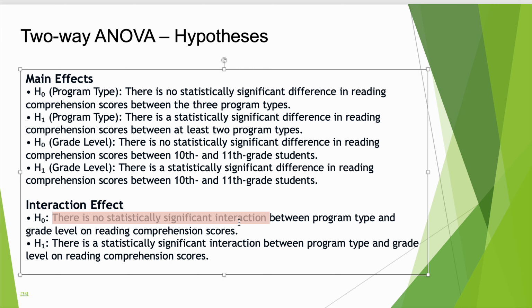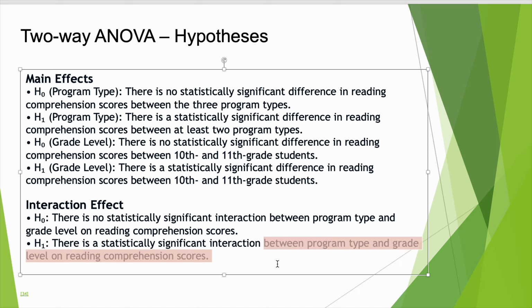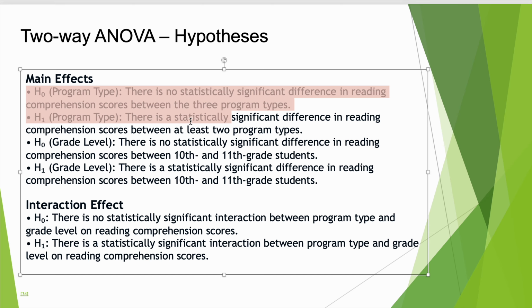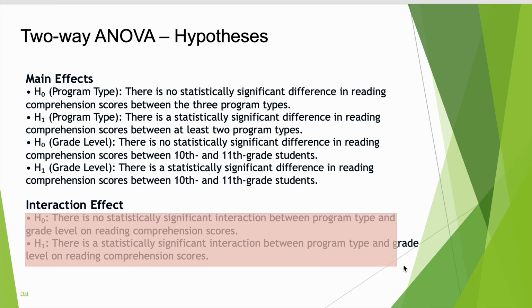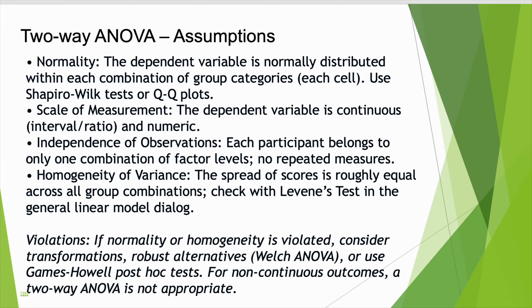And then I'm saying there's no significant interaction between my independent variables, and there is significant interaction between my independent variables. So in a two-way ANOVA, it's not like a standard test where you have 2 hypotheses, because I have 2 grouping factors, so I have to have first grouping factor, second grouping factor, and I have to layer in that interaction effect.